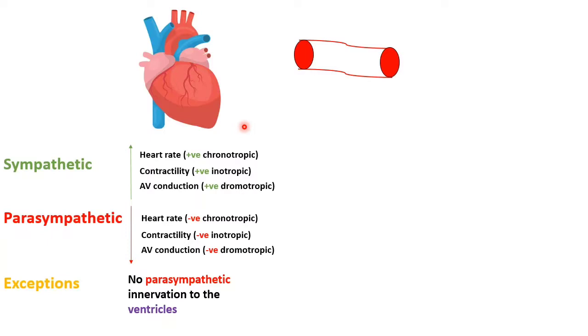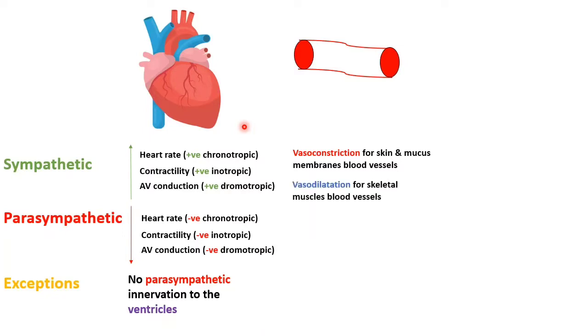Okay, so sympathetic nervous system constricts the blood vessels of skin and mucous membranes in GIT, for example, and it dilates the blood vessels supplying the skeletal muscles. Okay, what about parasympathetic nervous system? Parasympathetic nervous system doesn't supply blood vessels.